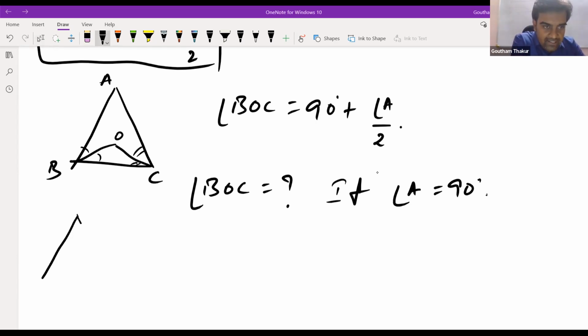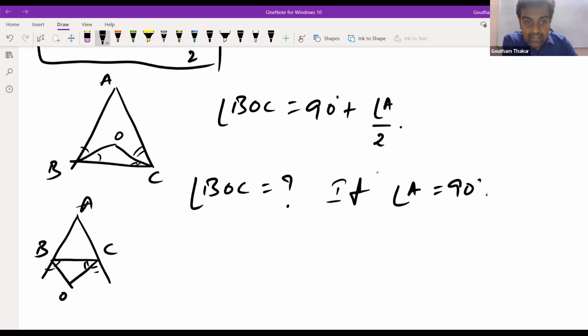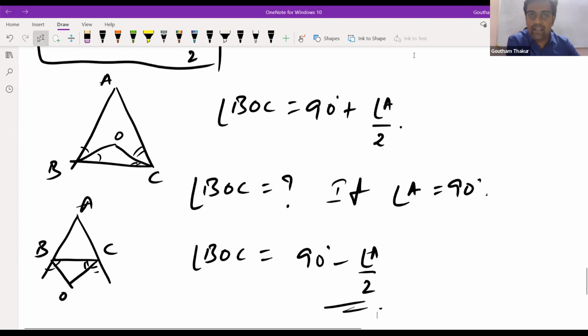We have a triangle like this, A, B, and C. If the angle is getting bisected exteriorly, then angle BOC will be equal to 90 degrees minus angle A by 2. 90 degrees minus angle A by 2. That is interior angle bisecting, you understood, right? Interior angle, you have understood it.